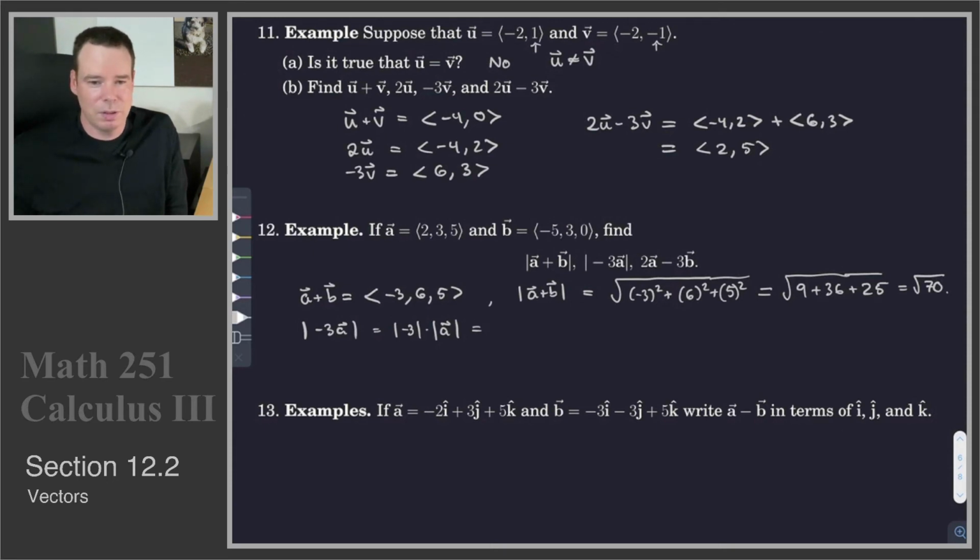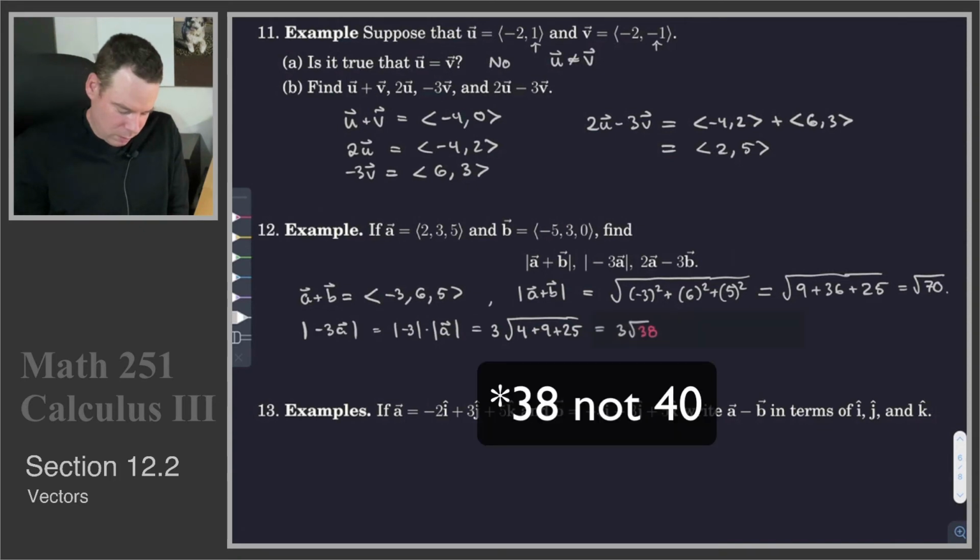If we're only interested in the length, then all I care is that I've scaled it by a factor of 3. So it's just 3 times the length of the original vector A. And the original vector A had length the square root of 4 plus 9 plus 25. So that's 3 root 38.